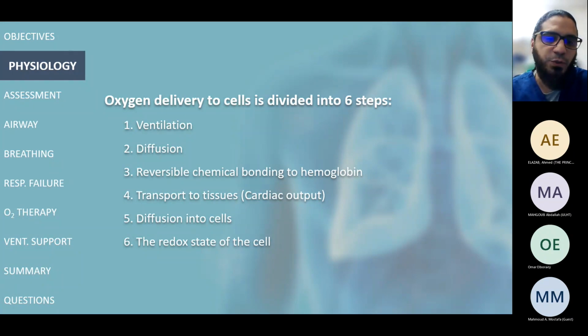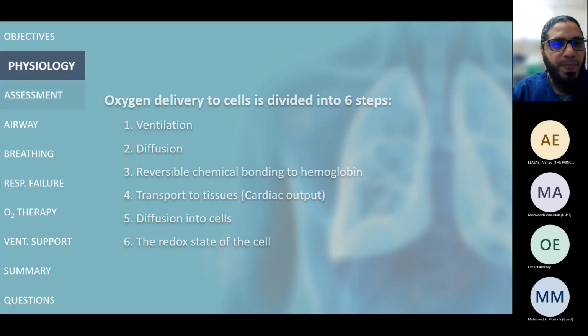And then the oxygen will diffuse from blood to the cells. The last step is a control step, the redox state of the cell, which means each cell determines its own demand and has a feedback on the whole process. So if the cell has its own sufficient demand, it will suppress the whole process of oxygen delivery and vice versa.